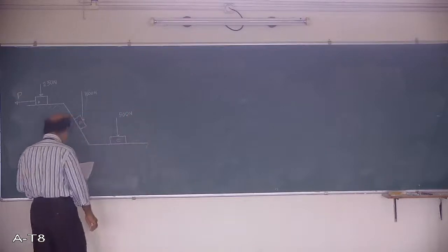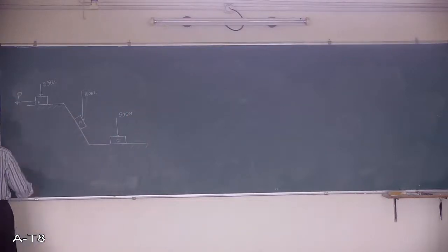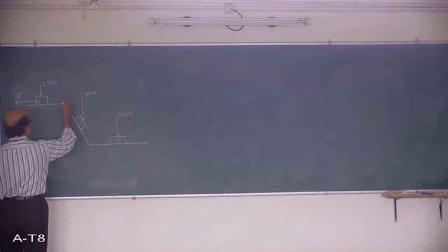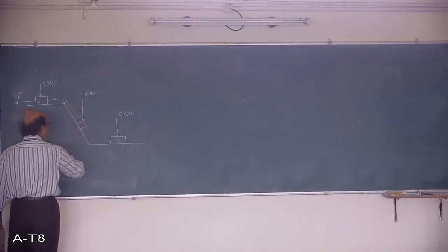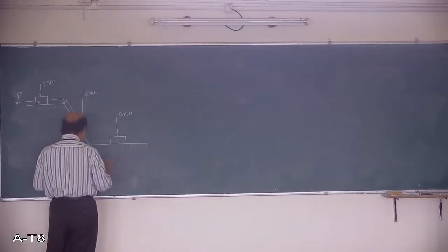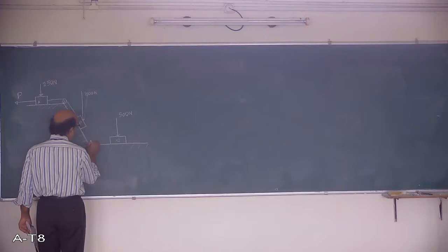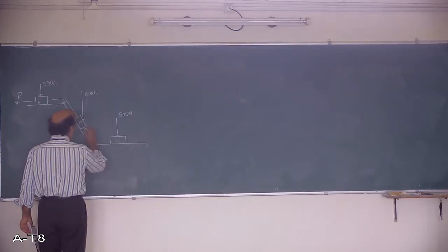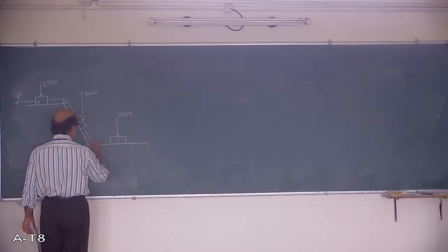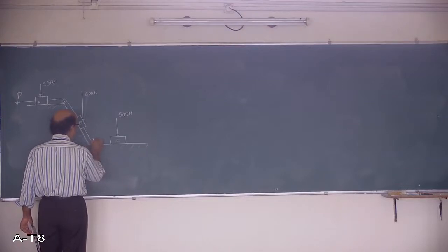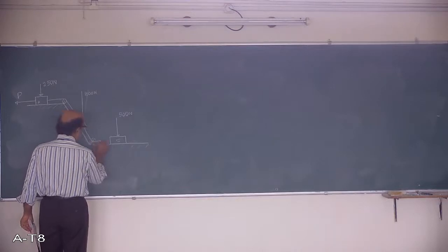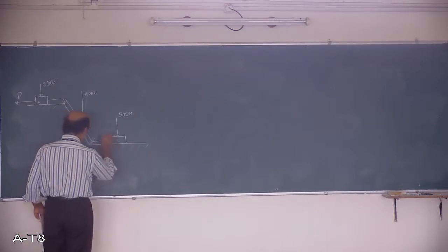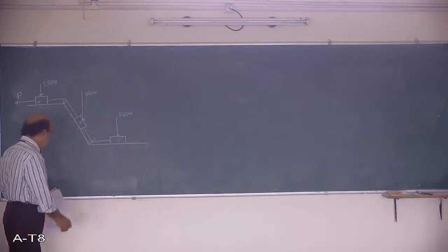These are the weights of the blocks. There is a small frictionless pulley, and a string passes through it connected to this block, and here also one small pulley is there; the string passes through that and is connected to this. This is how the arrangement is made.